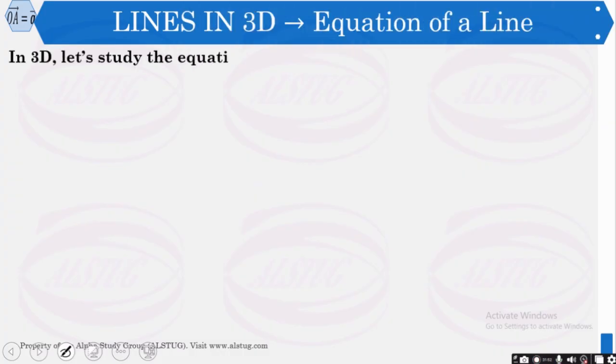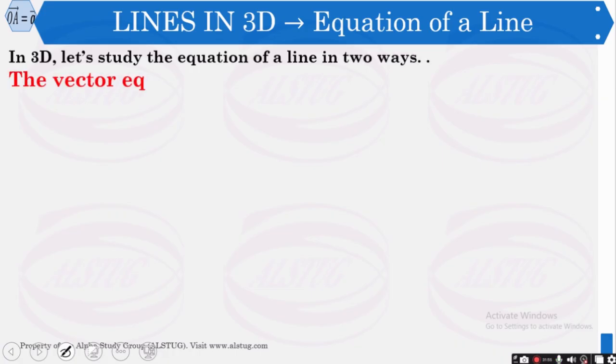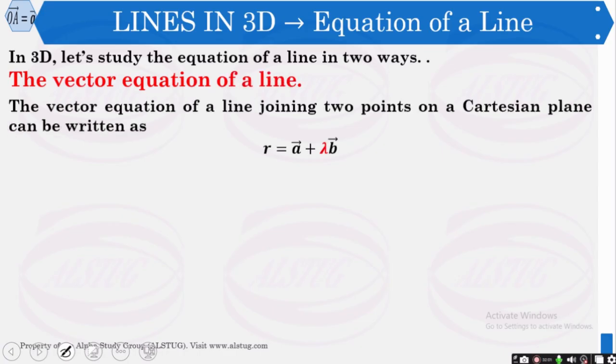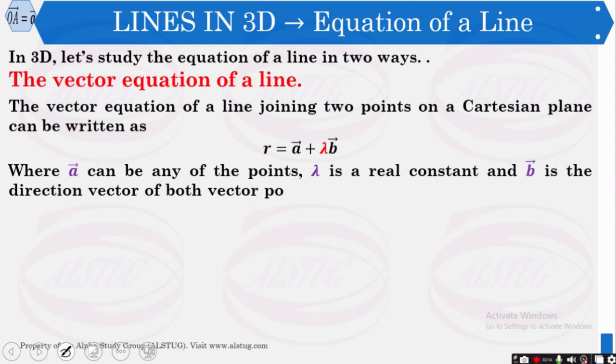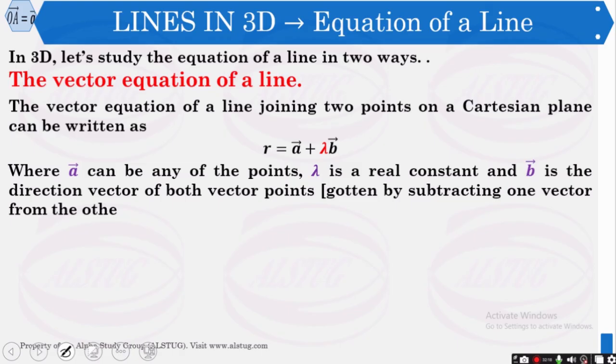In 3D, let's study the equation of a line in two ways. One, the vector equation of a line. The vector equation of a line joining 2 points on the Cartesian plane can be written as r equals a plus lambda b, where a can be any of the 2 points, lambda is a real constant, and b is the direction vector of both vector points, gotten by subtracting one vector from the other.